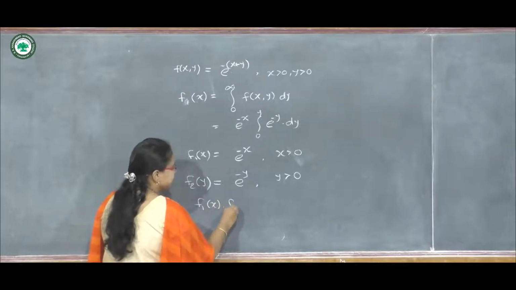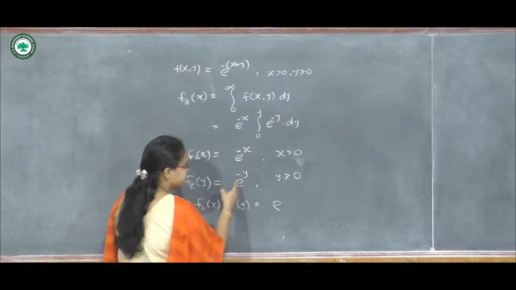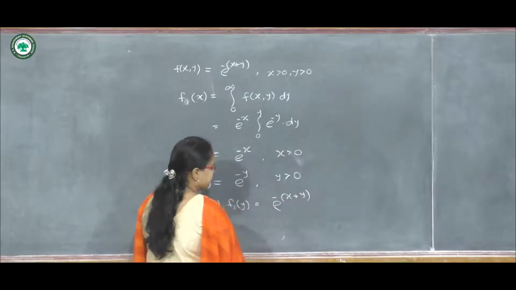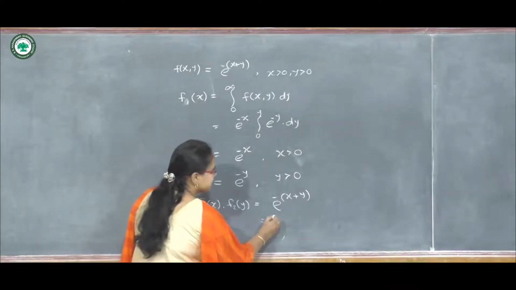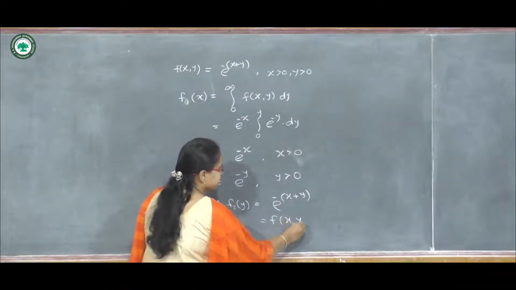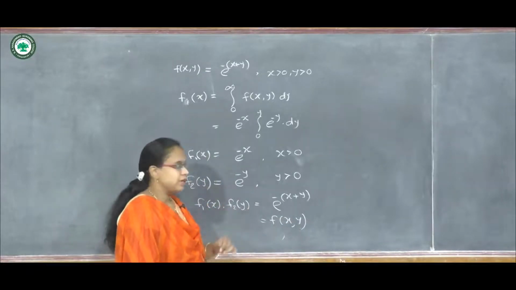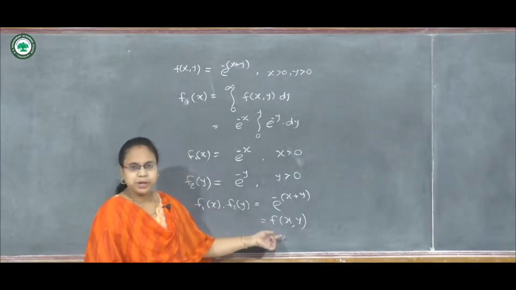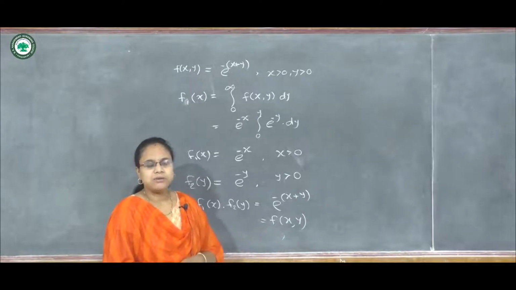Multiplying these two, we get e raised to minus (x plus y). Here we can see that this is equal to f(x, y). So the product of the marginal distributions equals the joint PDF, which means X and Y are independent random variables.